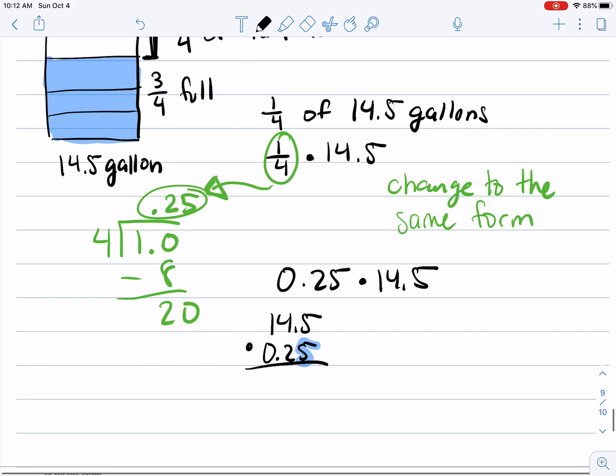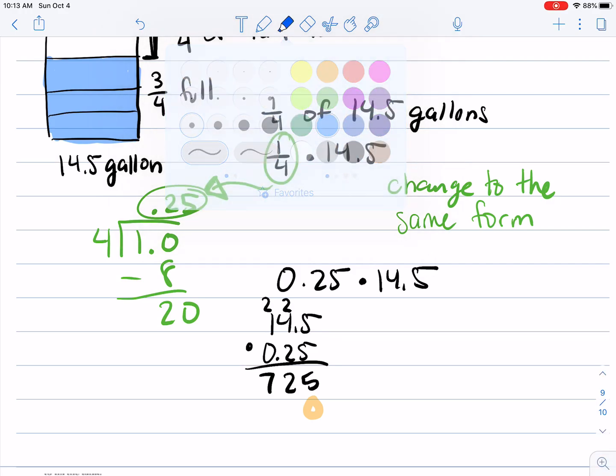So 5 times 5 is 25. 5 times 4 is 20 plus 2 is 22. 5 times 1 is 5 plus 2 is 7. Now I'm going to bring down my invisible 0. I'm going to put that right here because I'm now moving on to this 2.